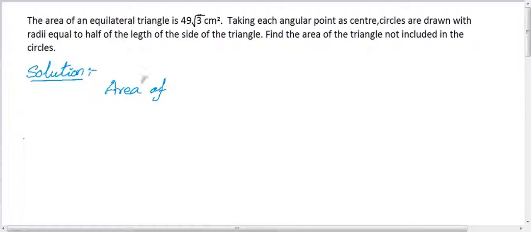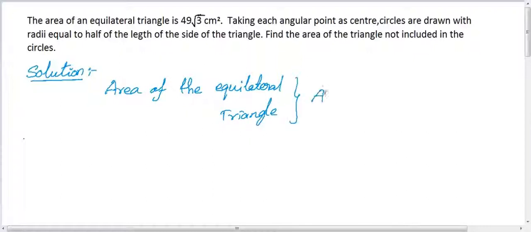Given, we know that the formula to find the area of an equilateral triangle is half into AB sine theta. Here in an equilateral triangle the sides are equal, so A is equal to half into A square sine theta, where A is the side of the equilateral triangle.